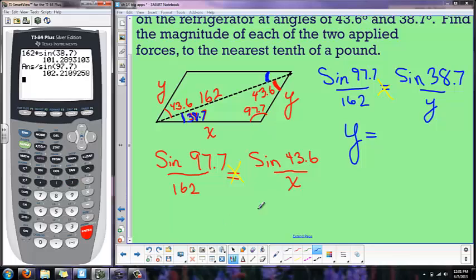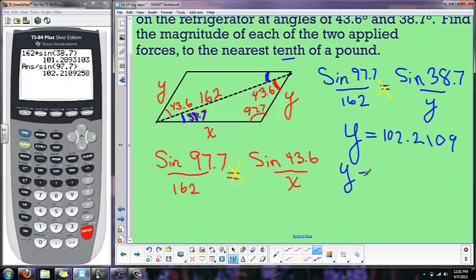Hit enter, and y is 102.2109, and it wants it to the nearest tenth of a pound, so y is equal to 102.2. Okay, so I figured out one of them already.